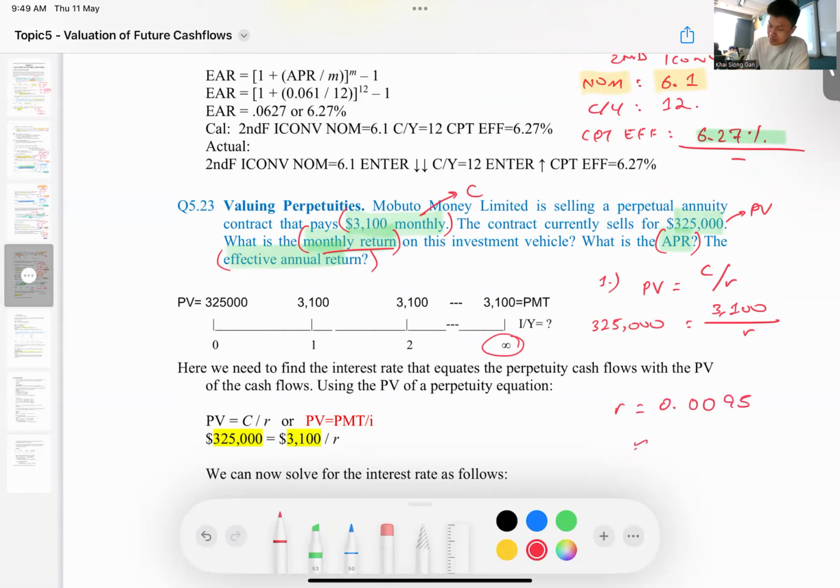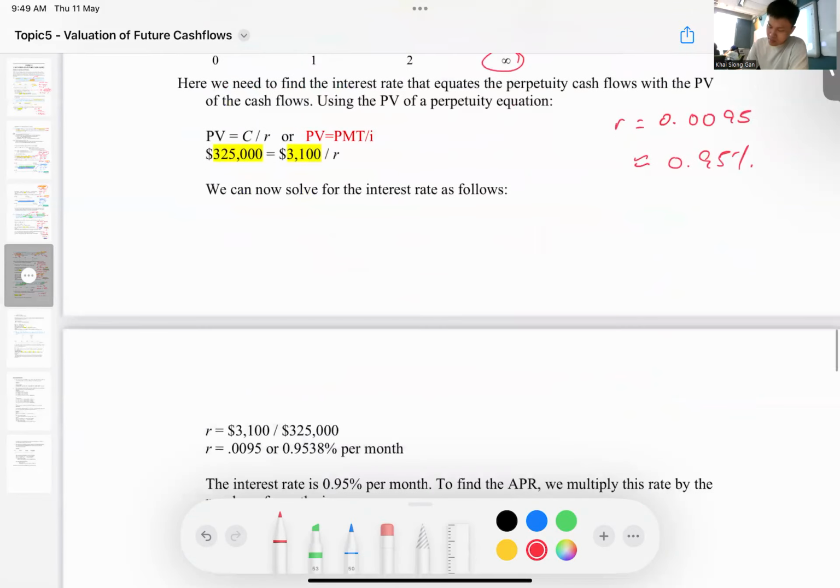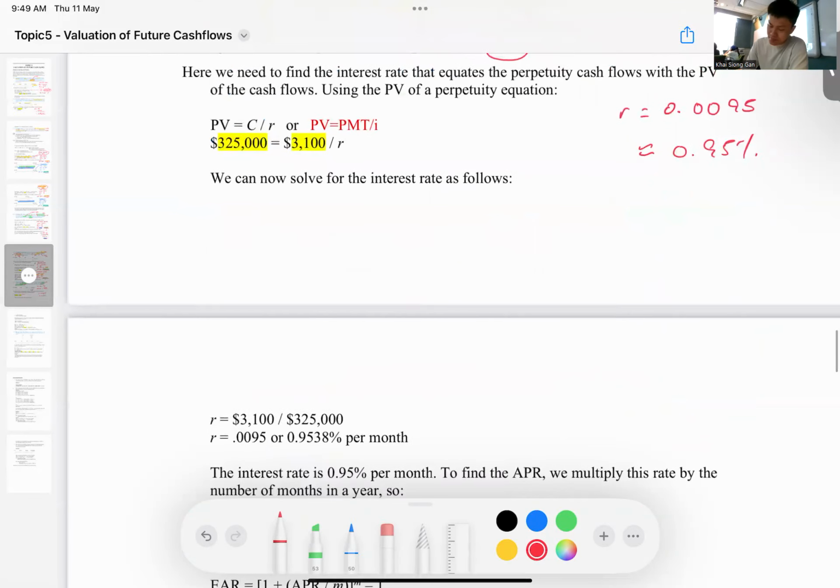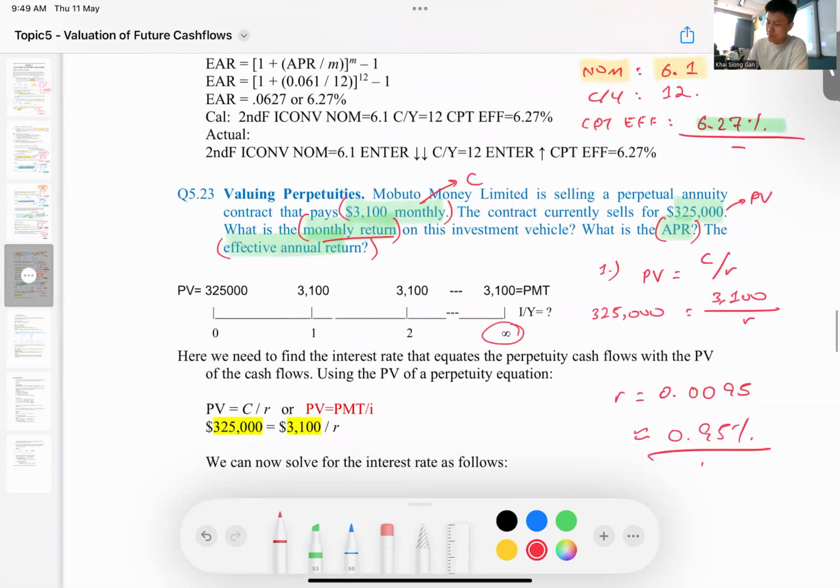Okay, or I can rewrite it as 0.95%. Okay, so that's the first one.